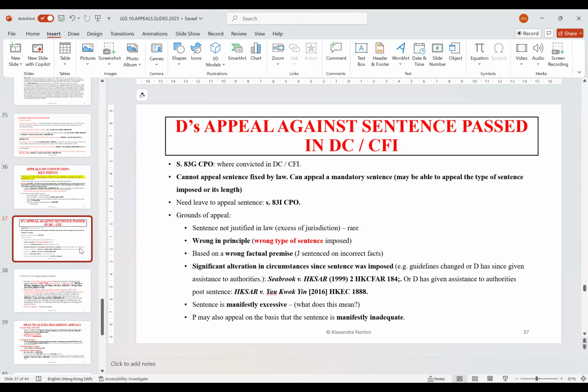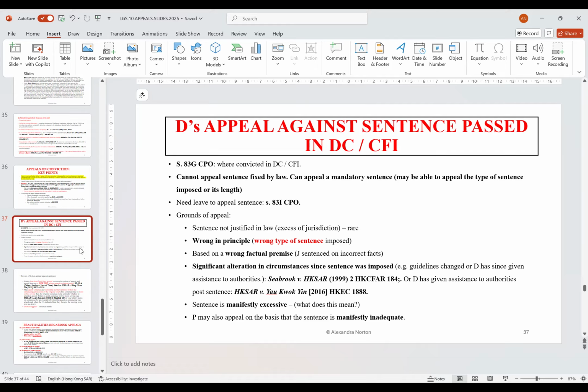You can also appeal a mandatory sentence, right? Remember, we looked at Section 33, Public Order Ordinance, possession of an offensive weapon. And we looked at how, depending on the age of the defendant, certain sentencing options were possible. So let's say he was between 17 and 25. There were three options: imprisonment up to 3 years, detention center, or rehabilitation center.